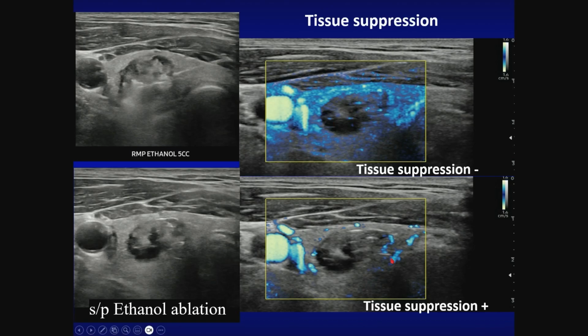But when you apply tissue suppression, it can suppress the vascular signals from echogenic regions. We sometimes call this the twinkling artifact. It was completely removed after tissue suppression.